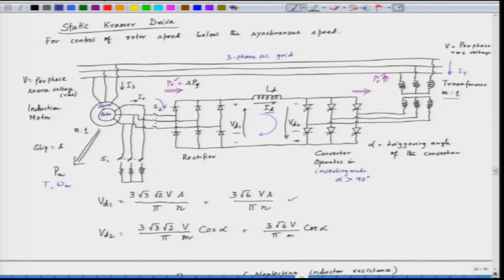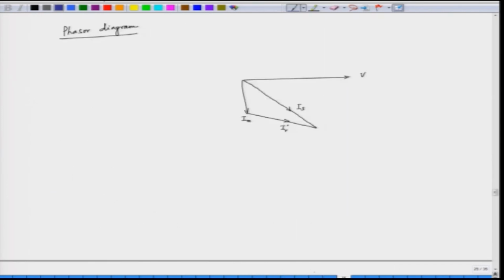So, the converter is drawing the current, and we have a delay angle which is alpha, alpha is larger than 90 degree. In this case, we draw the transformer current, and this is the angle alpha.